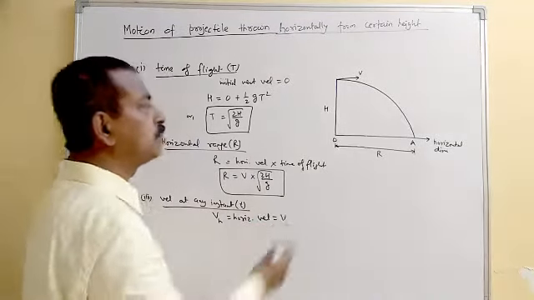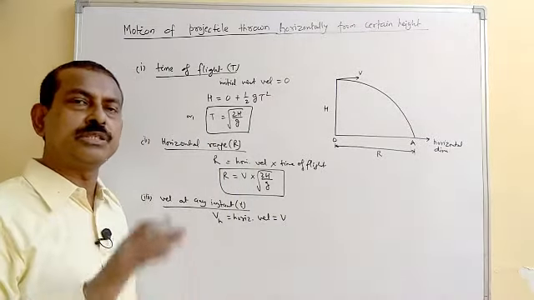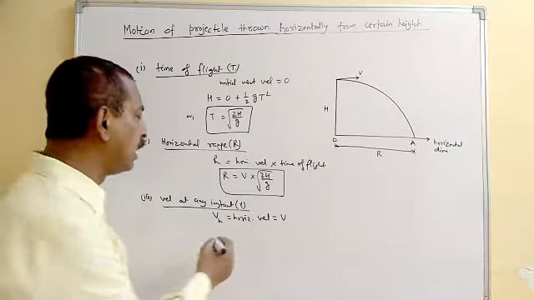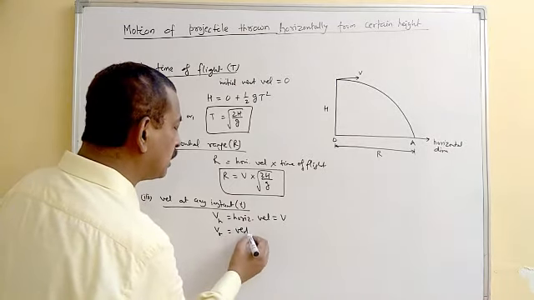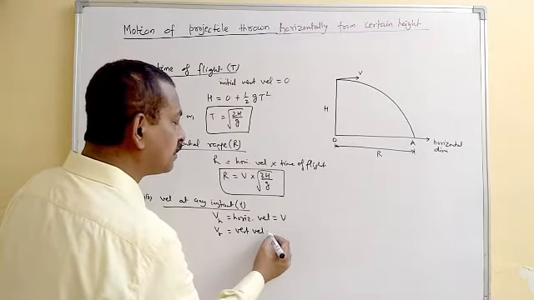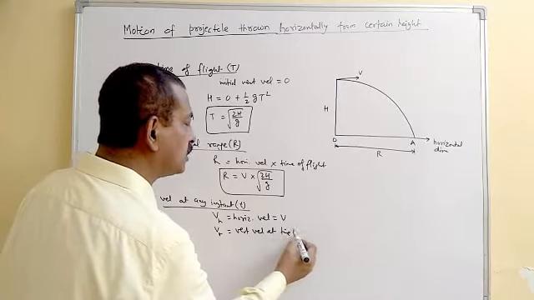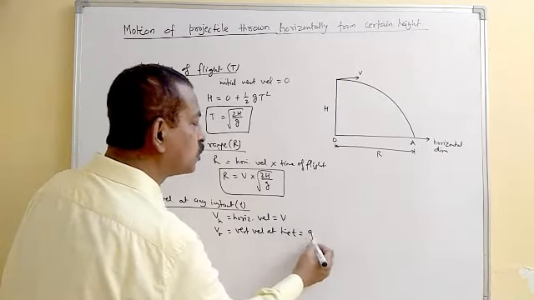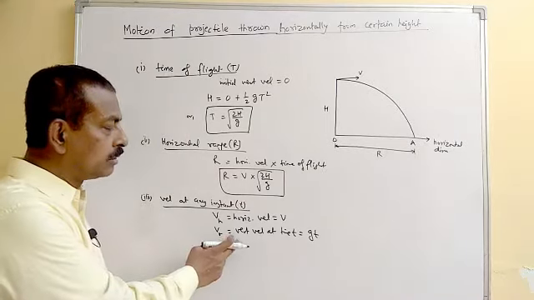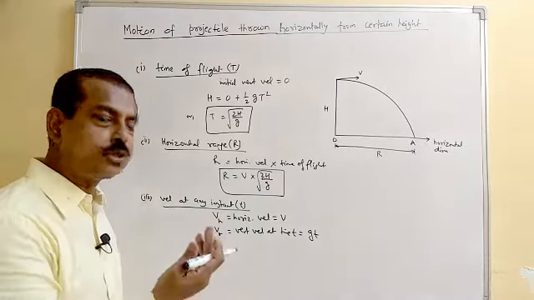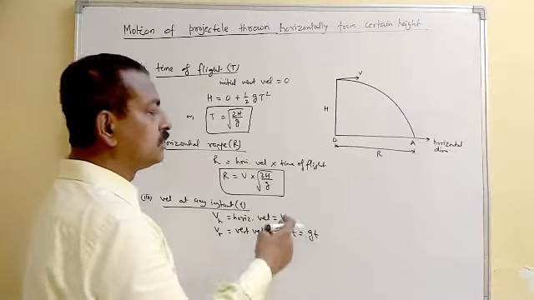This will remain v because it is thrown with velocity v, and it is not going to change. The vertical velocity, vv, is the vertical velocity at time t. This will be equal to g into t, because the initial vertical velocity was 0. So in that case, it is just gt.